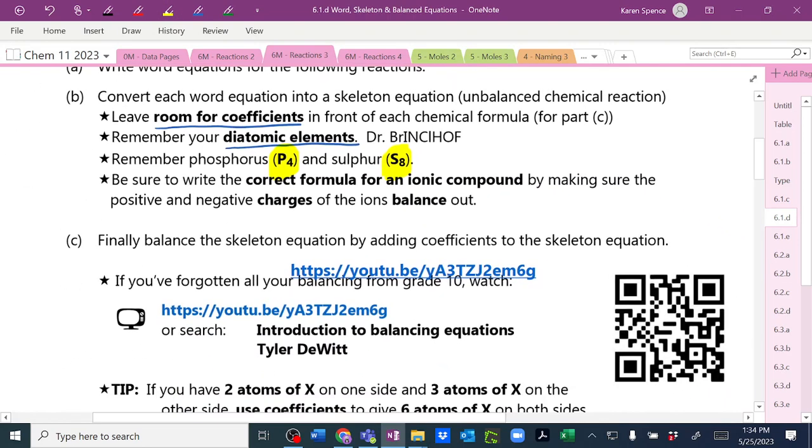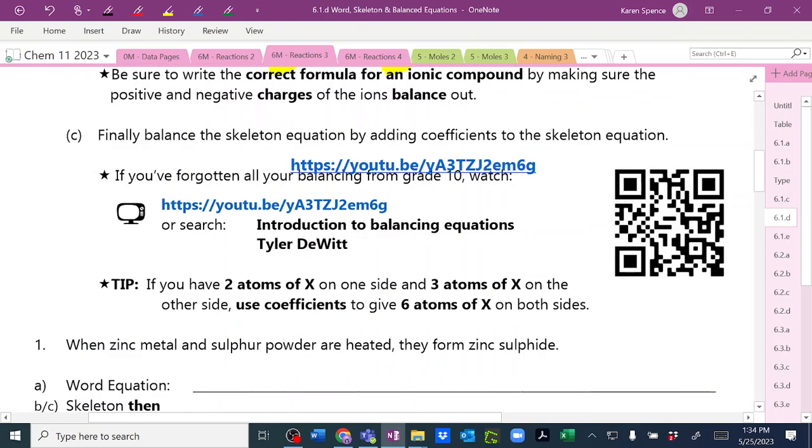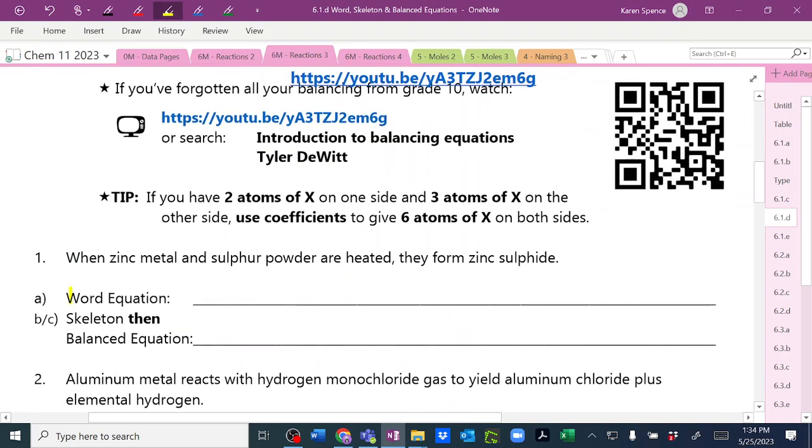Okay? So let's try a couple of these, and we're just going to ignore this bit here, okay? We're just going to do it the way we did the last question. So you can just kind of scribble that out there. We have zinc metal and sulfur powder. Those are our reactants. So what am I going to write?